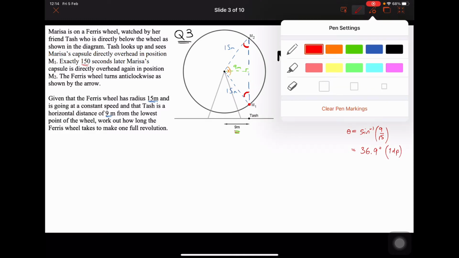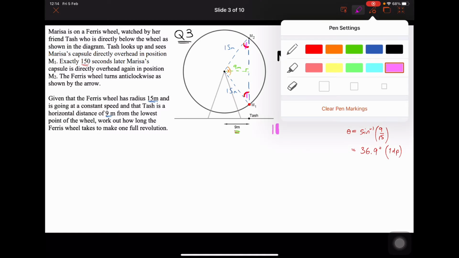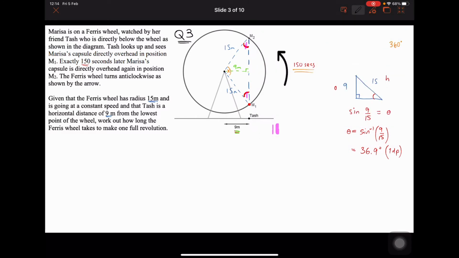And so now I know that this is 36.9. This is 36.9. Angles in a triangle add up to 180. So I write, okay, that's not very good. Oh, that's a pen, sorry, that's a highlighter.